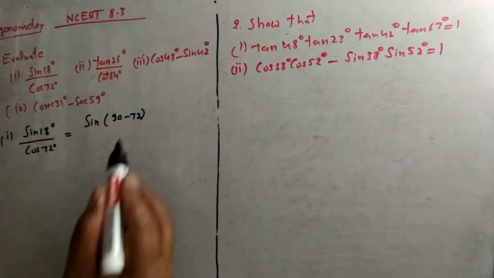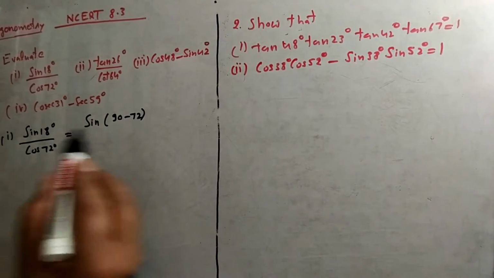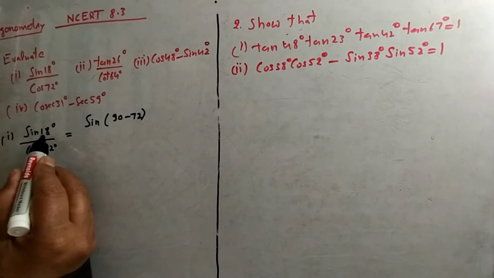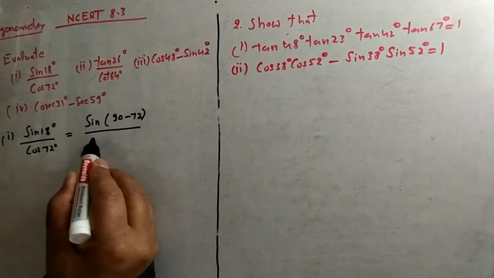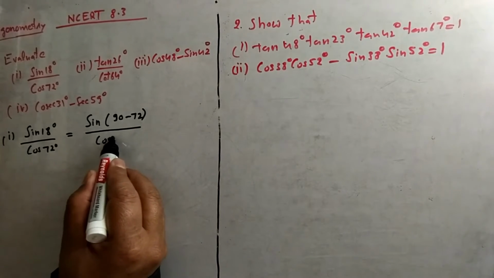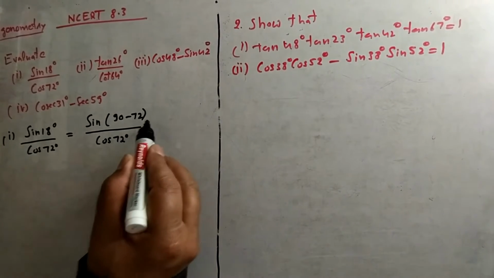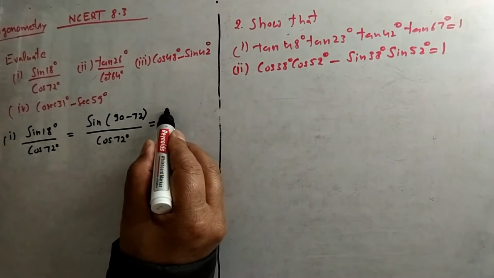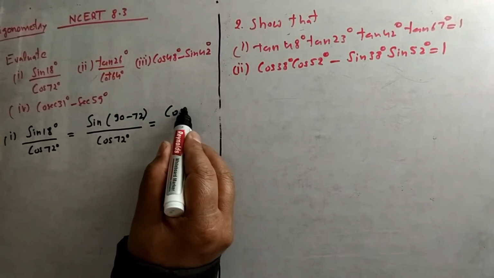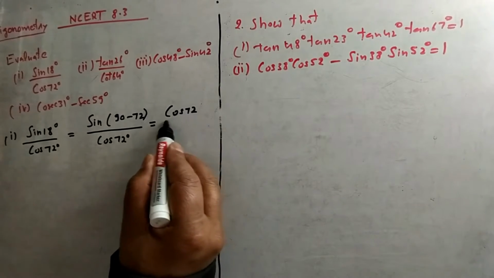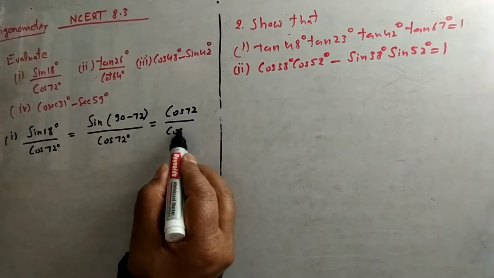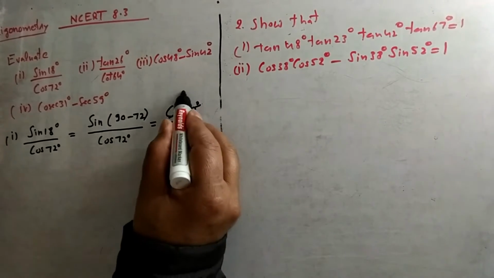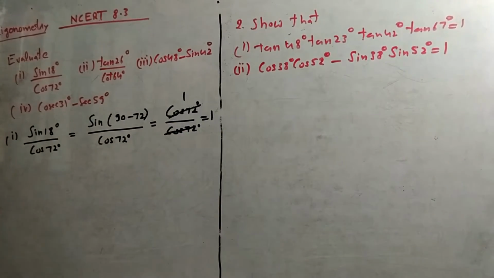Children, you know 90 minus 72 is 18, so I can write 90 minus 72 instead of 18, and here we have cos 72. If you simplify it further, you know sine 90 minus theta is cos theta. So we get cos 72 over cos 72 degree. It cancels out, and the answer is 1.